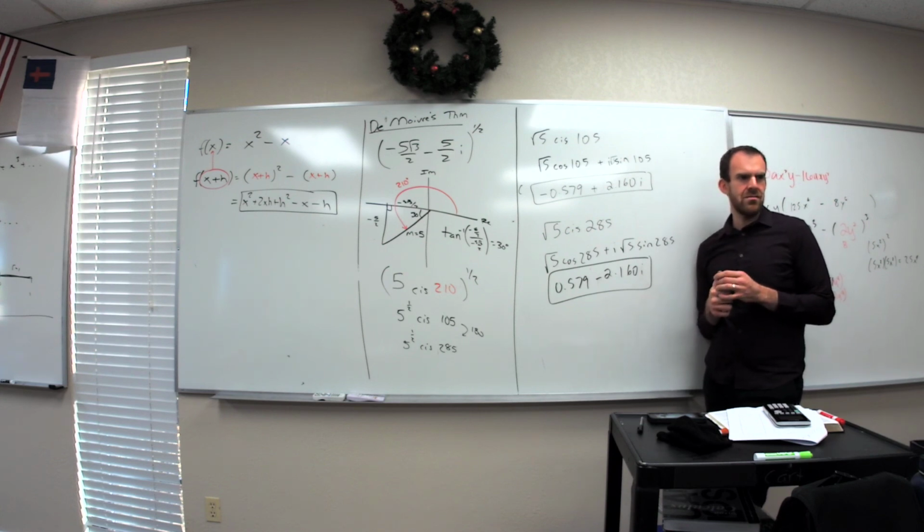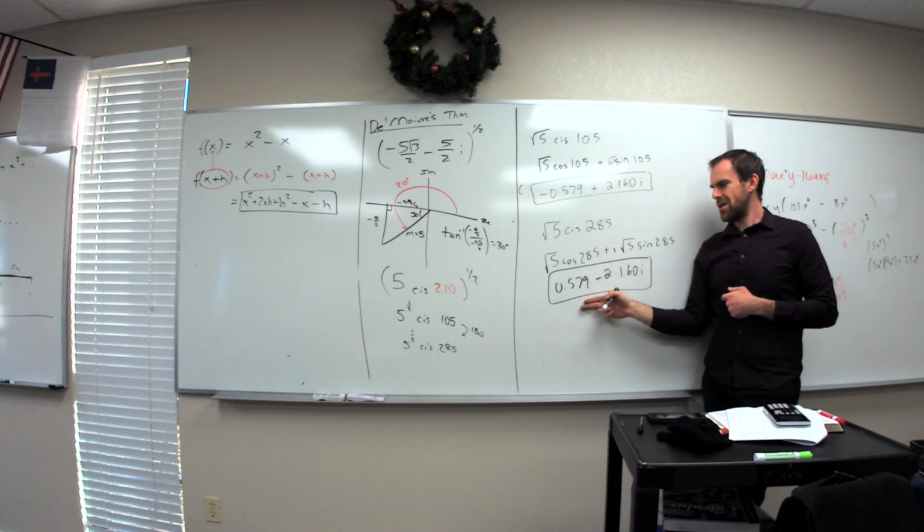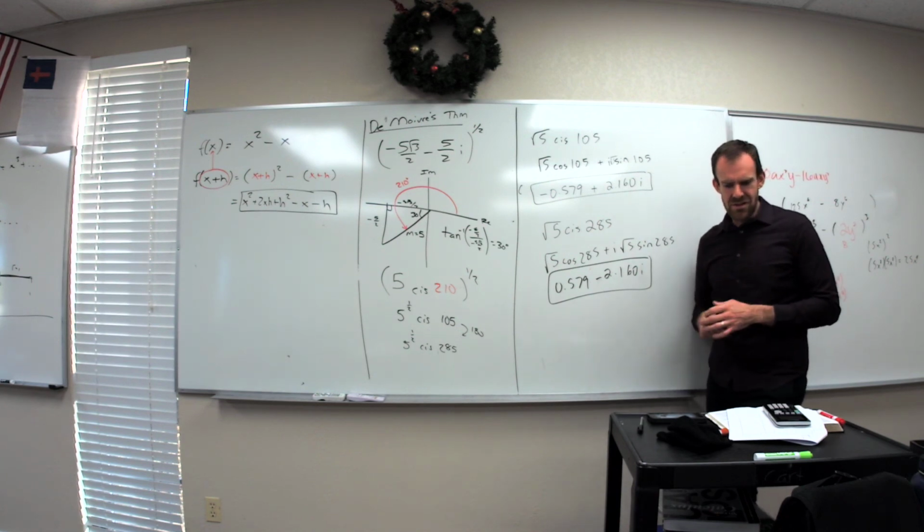Yeah, it's negative 0.58 plus 2.69i. Okay. Alright. I guess it is like a plus minus, because this one's 1, and then if you switch this, I'm content with that. So, that's it.